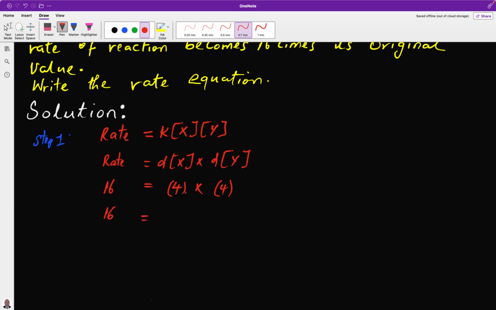16 equals to 4 times 4, 16 to the power n, because we are looking for the order of reaction.